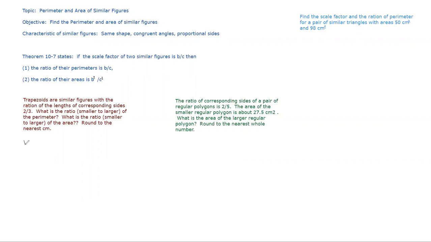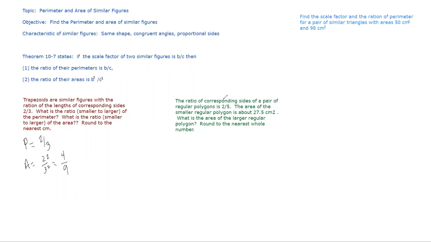So the perimeter is equal to 2/3. The area is equal to b over c squared. So it's 2 squared over 3 squared, which gives me 4 over 9. So this is the perimeter, and this is the area.